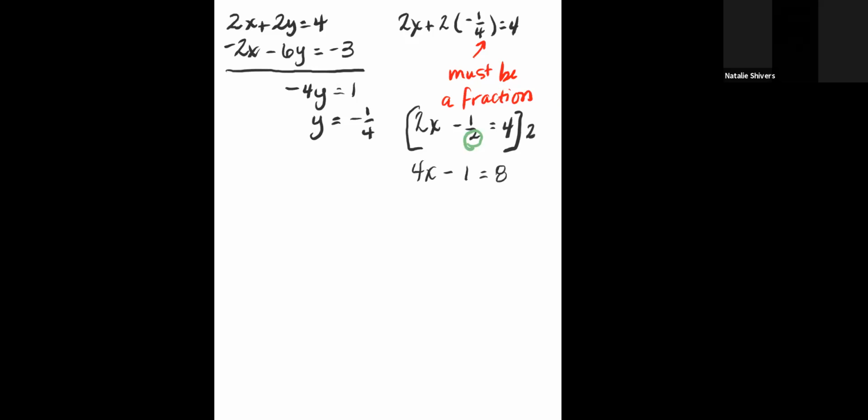Yes, I'll get a fraction as an answer, but I don't have to work the equation that way. So 4x equals 9, and x equals 9/4. We're looking for a critical point, so you must write it as a critical point. (9/4, negative 1/4). Okay, so critical points we said on the other page.